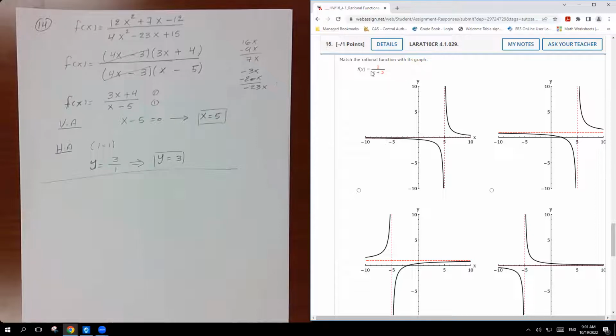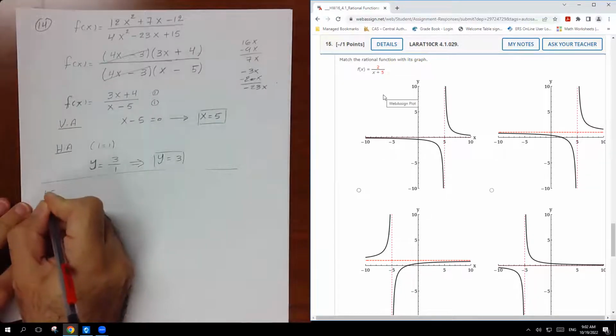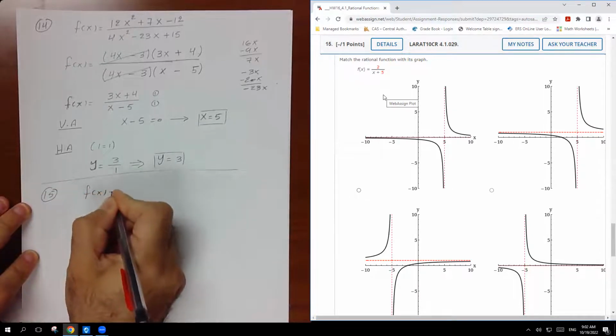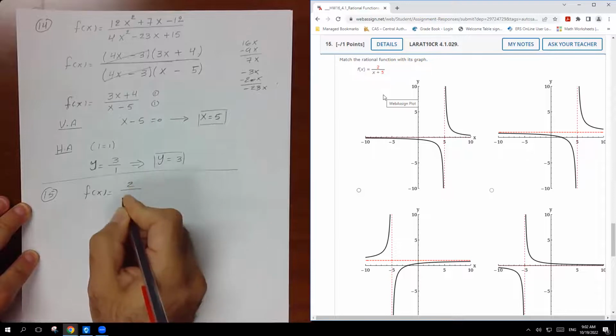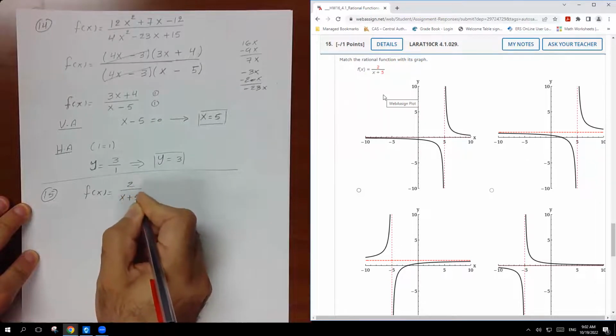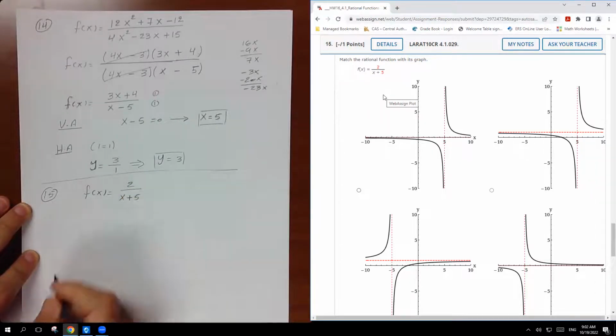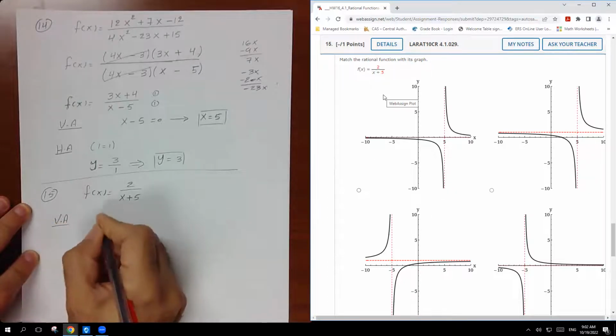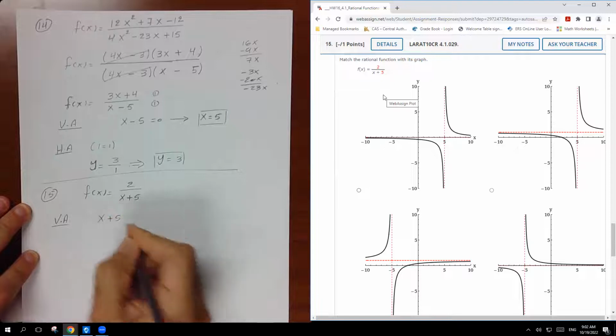First of all, the vertical asymptote here is negative 5. Because, for example 15, f of x equals 2 over x plus 5. So now let's look at the vertical asymptote, which is x plus 5.